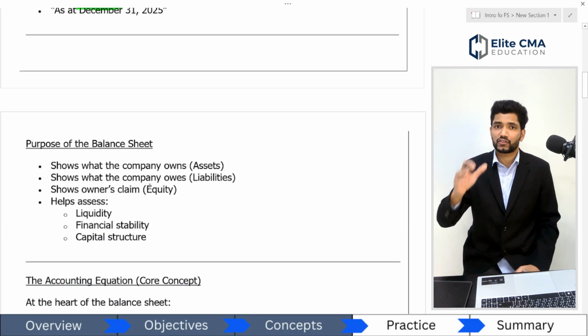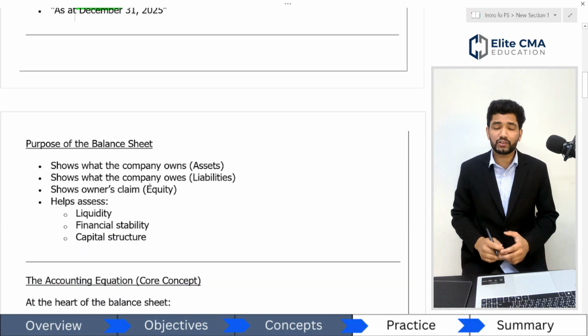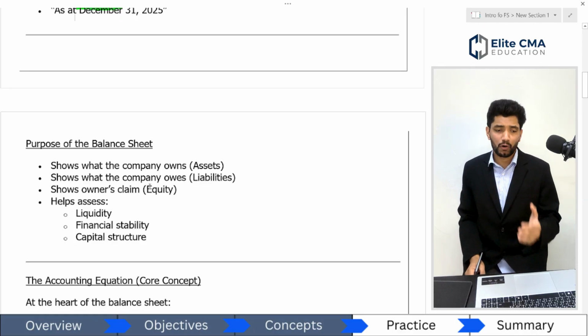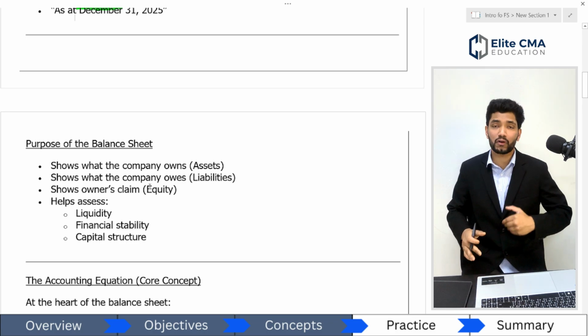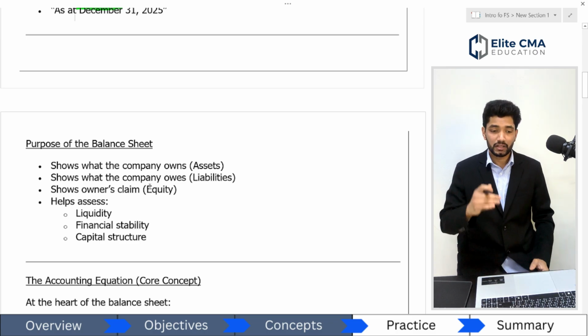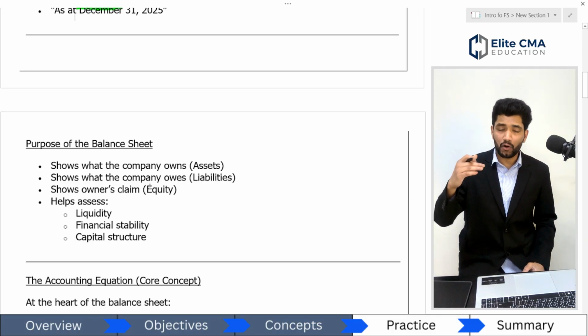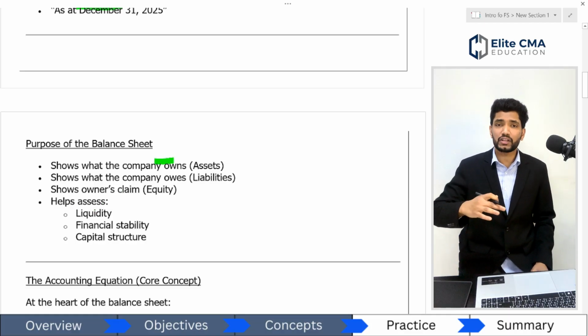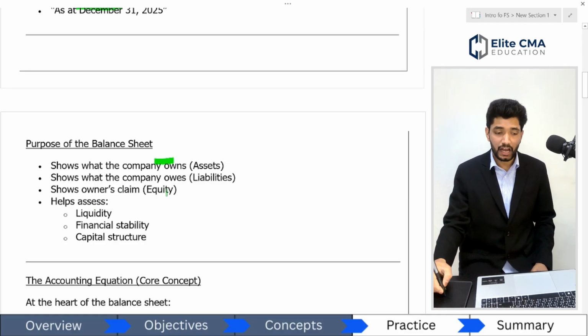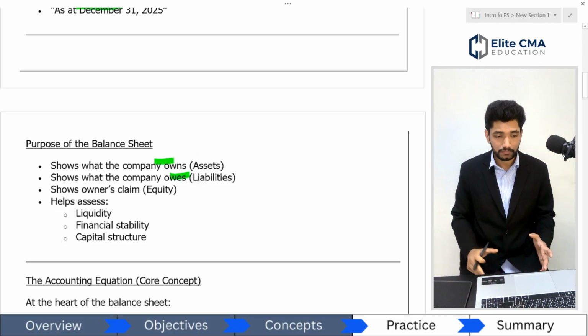The purpose of the balance sheet. The purpose of the balance sheet is to show what the company owns, what the company owes, and what the owner's equity position is in the company. What the company owns means the total assets, what it owes is the total liabilities, and what the owners claim in the company is what we call equity.